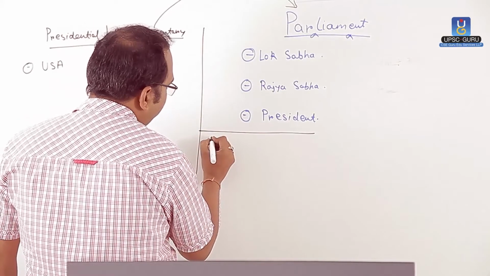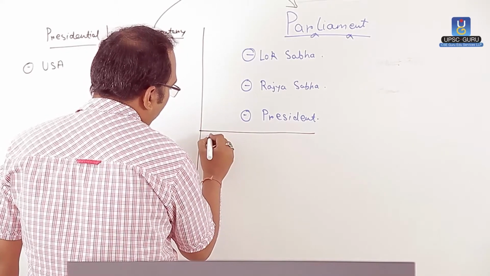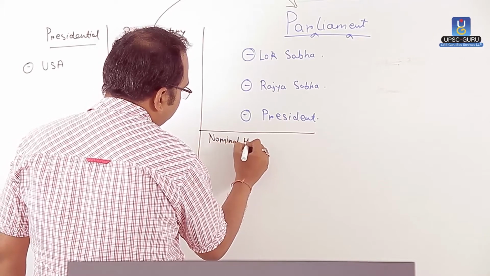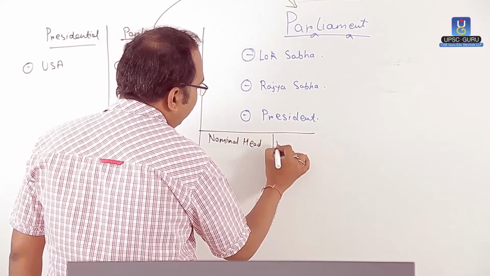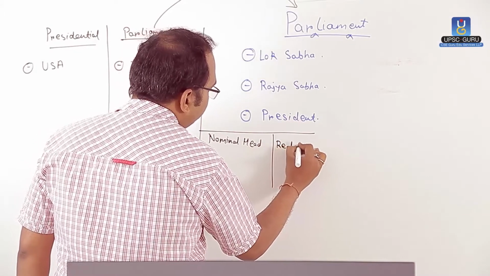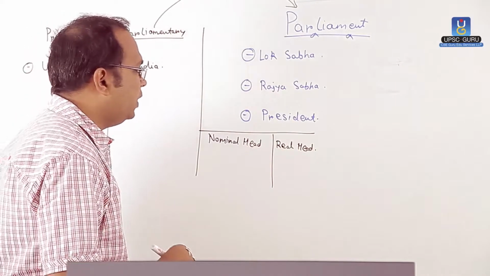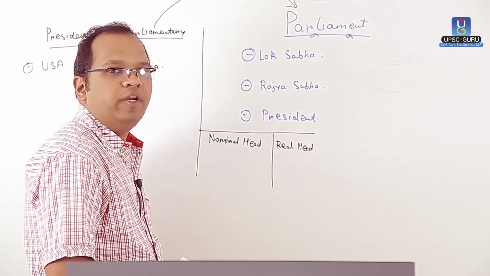See, there is one concept called the nominal head and another is your real head. One is your nominal head and another is your real head. Now what is the difference between the two?